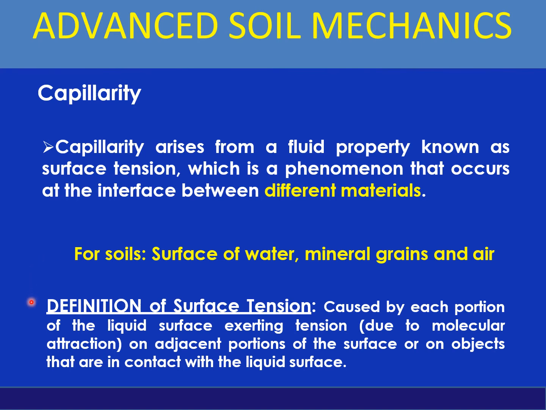Then you would find the definition of surface tension. It is caused by each portion of the liquid surface exerting tension due to molecular attraction on adjacent portions of the surface or on objects that are in contact with the liquid surface.